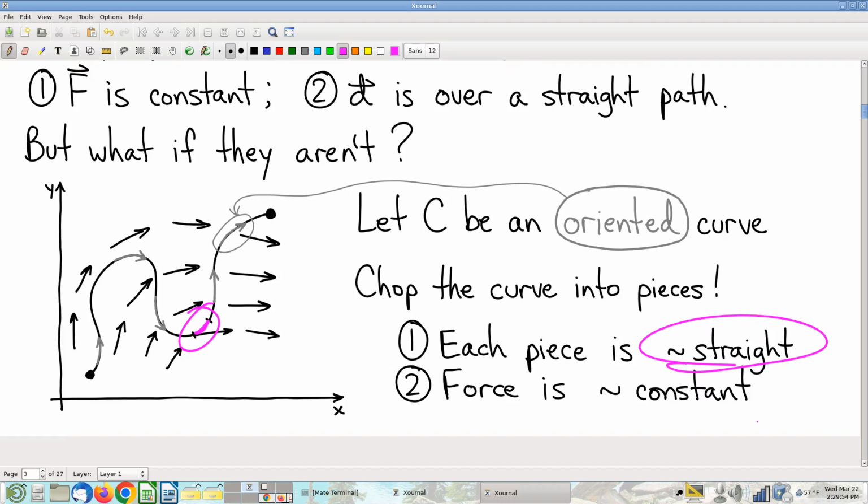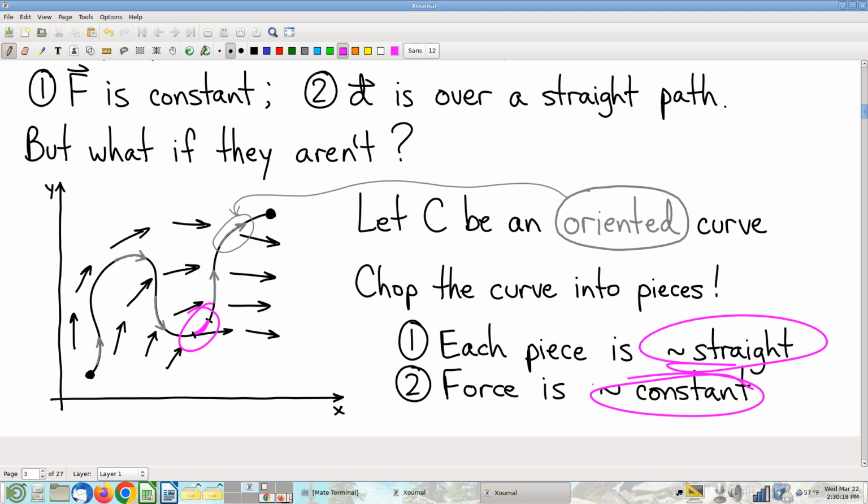There's not much room to move. There's not much room for the vector field to change very much. So the vector field is not exactly constant, but it's close to constant, close enough. In the limit, for the kinds of cases we're going to deal with in this course, we can treat the piece as straight and the force as constant.